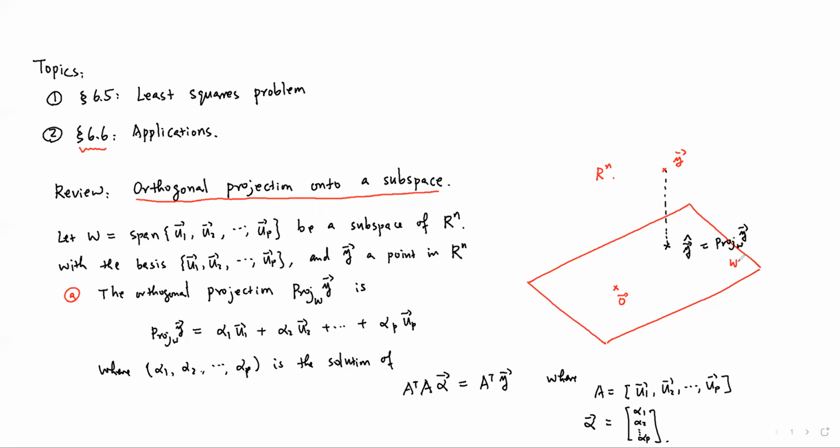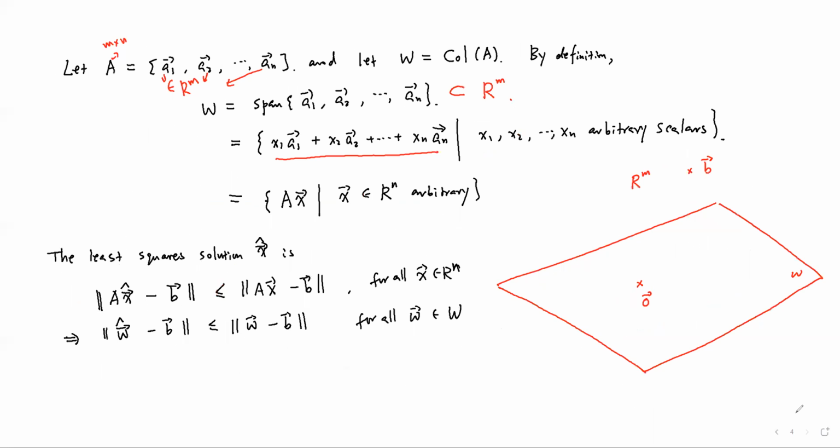W is a subspace. Which point in W has the smallest distance to the given point? Projection. So W hat, the solution, lies in the orthogonal projection.